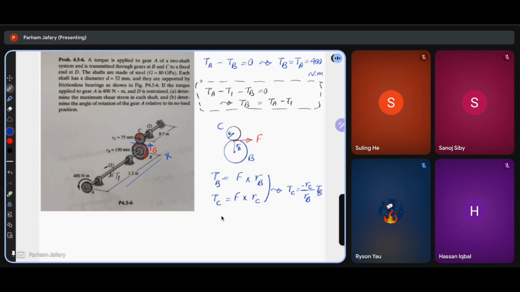Substituting the values for the radius of gear B and the radius of gear C, which are given here, 150 and 75, we can find TC to be negative 200 Newton meters. Okay?